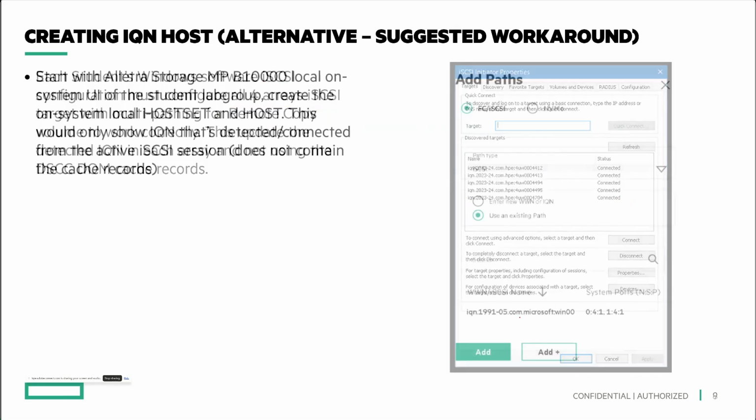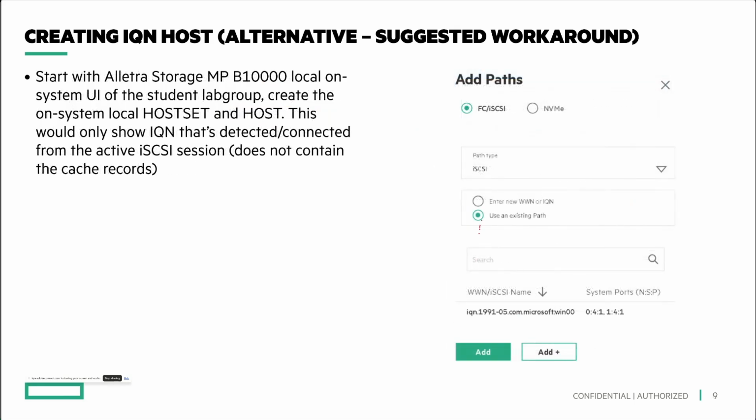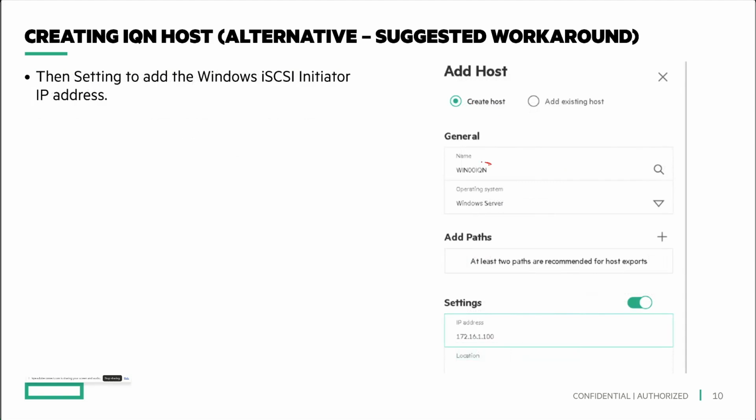Now, in this example, when you set up your Fiber Channel or iSCSI, you need to know your server IQN for the iSCSI. See this example here, Win00 IQN.